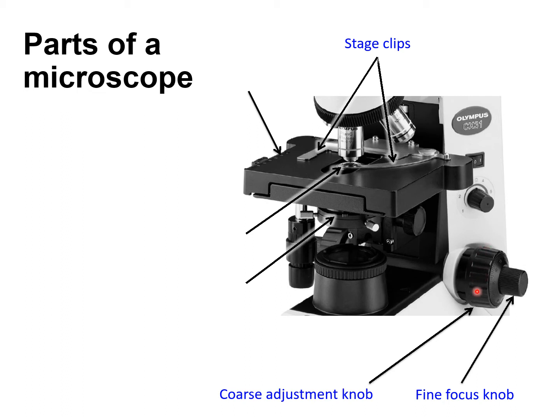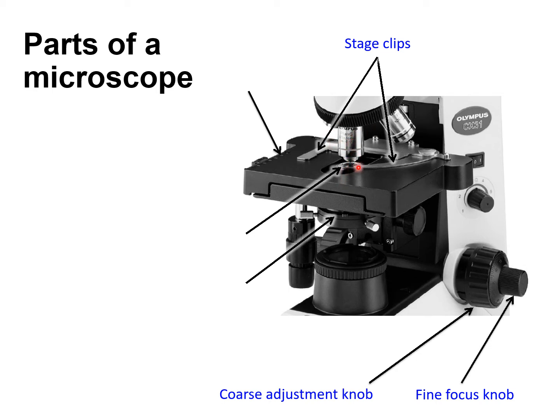And when you rotate your coarse adjustment knob, you're going to notice that the stage can move up and down. So when we are trying to view our specimen, we usually rotate our coarse adjustment knob, and what happens is you keep bringing that stage higher up, closer basically to the lens.